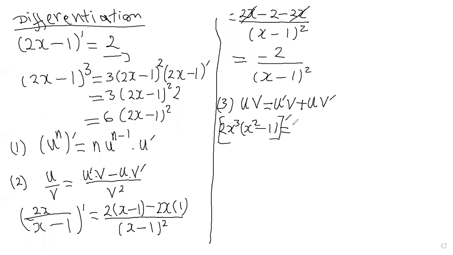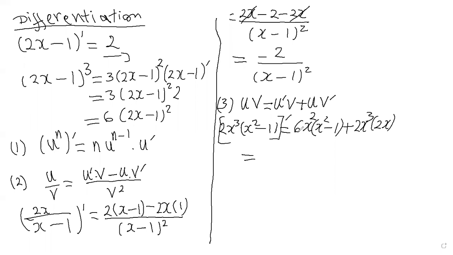So 3 times 2 will be 6x, exponent 3 minus 1, which is 2, and here we have x squared minus 1. Then we say plus. We leave this one, (2x) cubed. Then we derive the v, which is x squared minus 1. The derivative of x squared will give us 2x. The derivative of minus 1 is 0 because it's a constant.